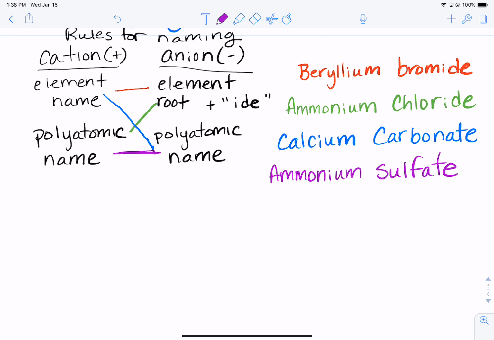So there's 4 different ways to make an ionic bond. If it's what we call binary, it's just 2 elements bonded together. Keep the name the same, change the second one to "ide." But anytime you have polyatomic ions involved, it's pretty easy for naming. You just use the name. No changing at all.